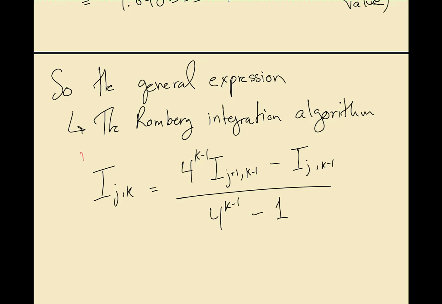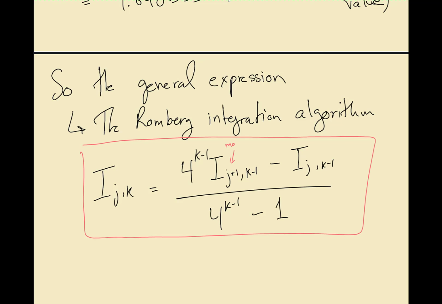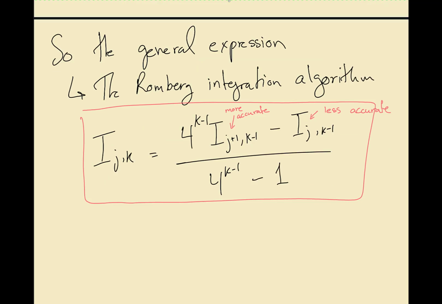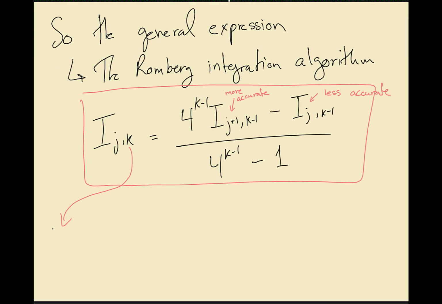All right, so this is the Romberg integration algorithm. And again, this is the more accurate estimate, and this is the less accurate. And k here is the level of integration. So the first level is the second level when we're doing Romberg. If the level is just 1, it just means I'm using the trapezoidal rule, and that's it.